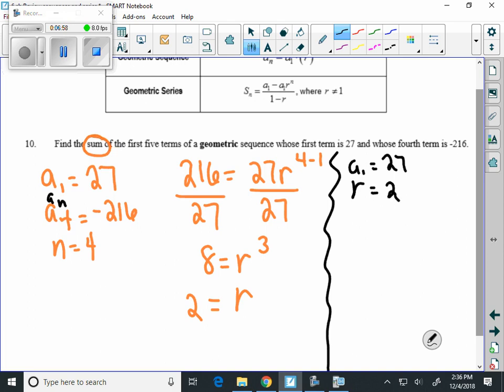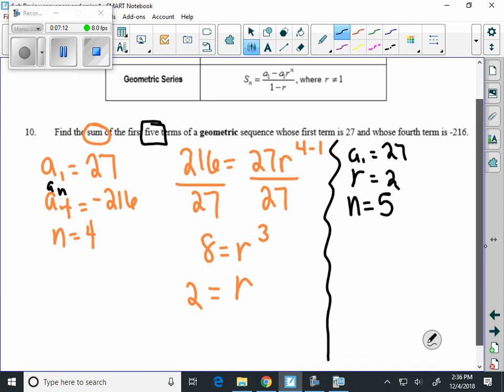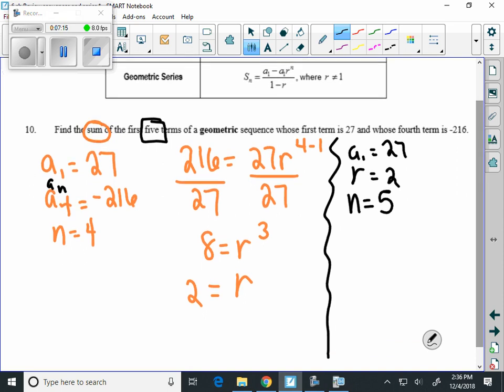But it says find the sum of the first 5 terms. So when we use this particular formula, we need to put n equals 5 in this one. That's how many we're adding up. So it's going to be the second formula, which you can still see here on the screen.